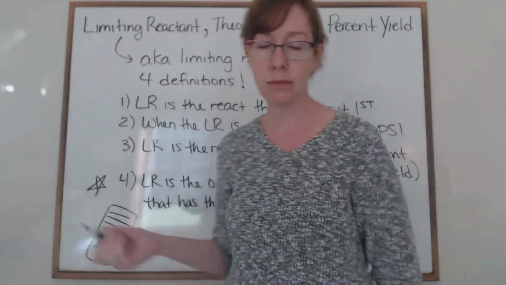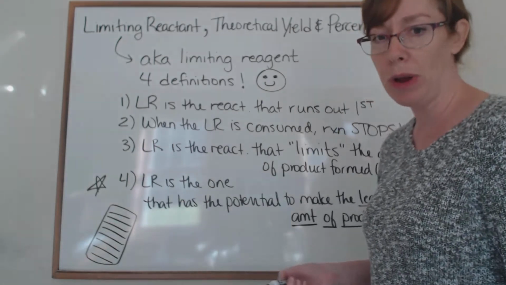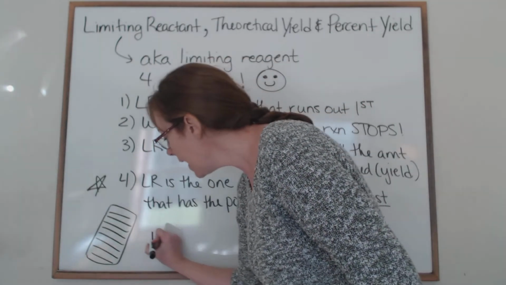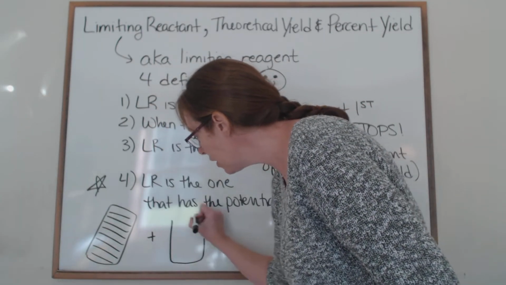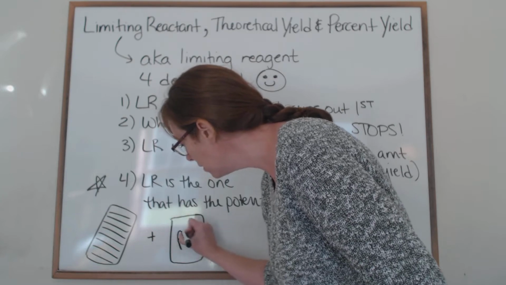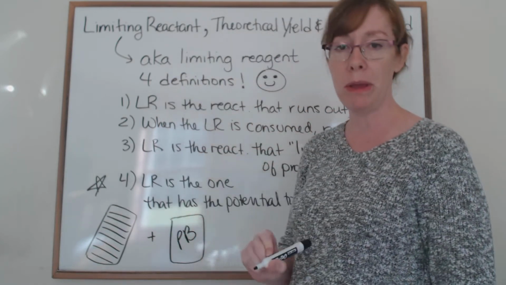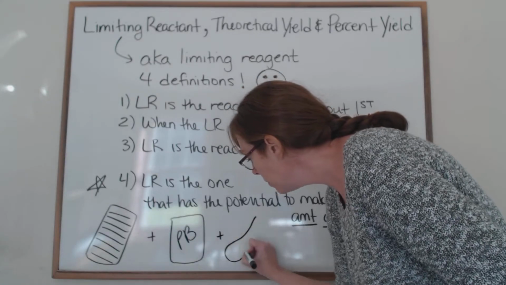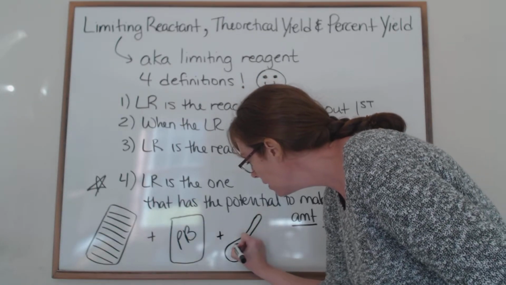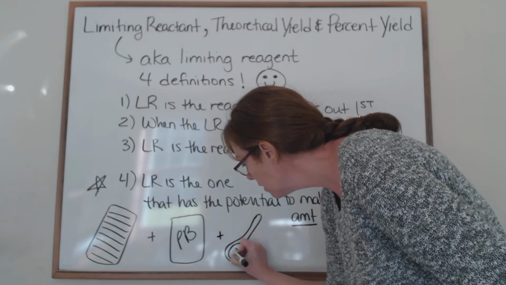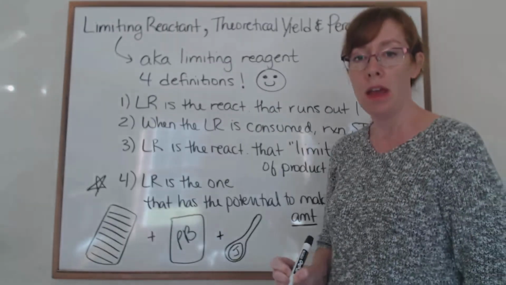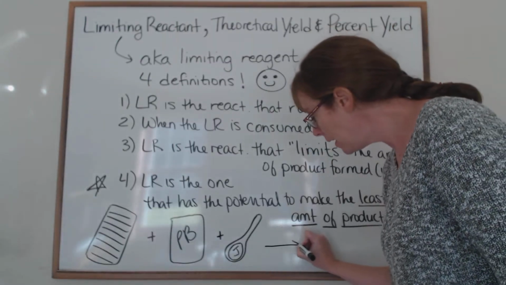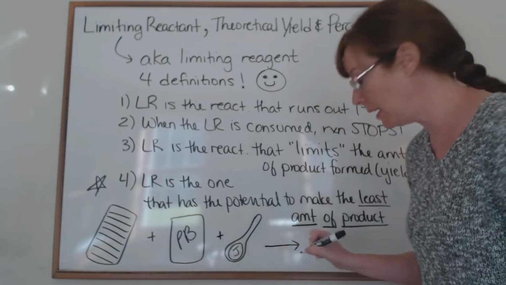Call it, I don't know, 10 slices of bread. Let's say that you have an entire jar of peanut butter full. This is a whole jar of peanut butter. And let's say you have a spoonful of jelly. Okay, so obviously we're attempting to make peanut butter and jelly sandwiches.